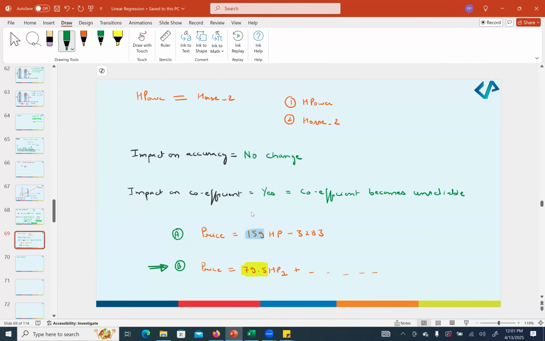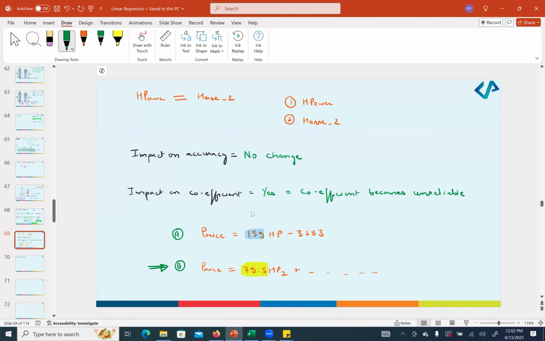The theory is the same, so we will not be spending any time there. What we will do is run one more code where we will have multiple variables and see how the results are changing, whether my model is becoming more accurate, less accurate, and all of that. We will discuss VIF, and after that we will move on to logistic regression.